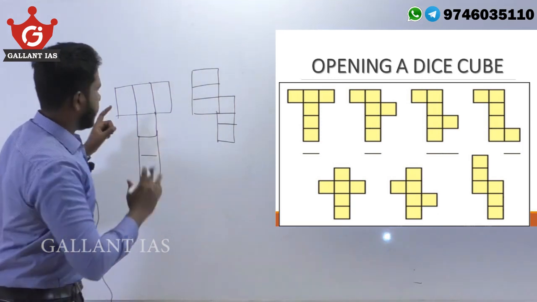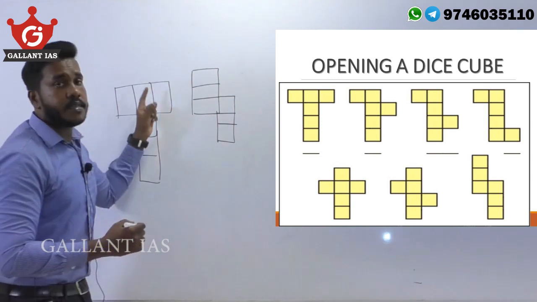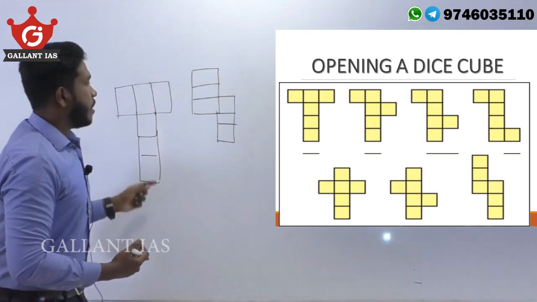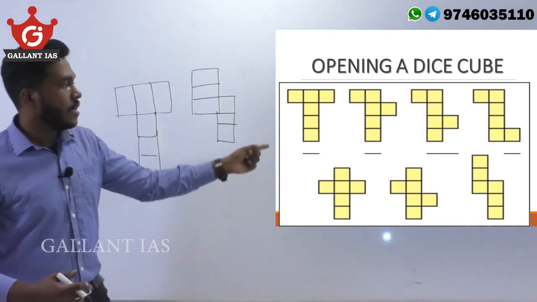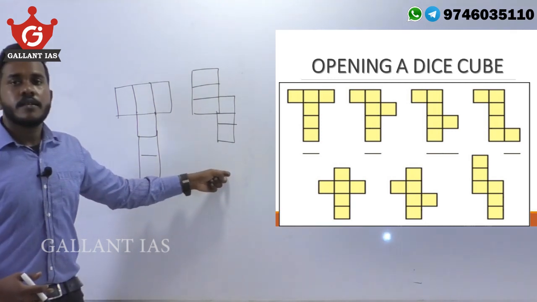In this figure, you can see 4 faces together. This is known as the central faces or the base face. You can see this central face in all the 6 formats except this one. Got it?